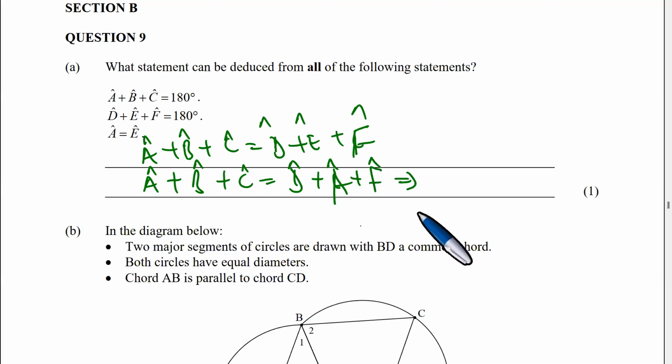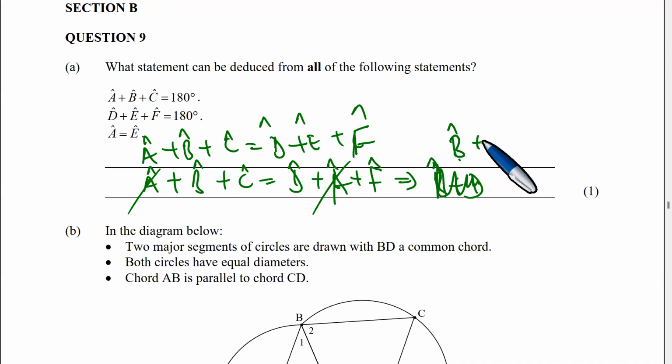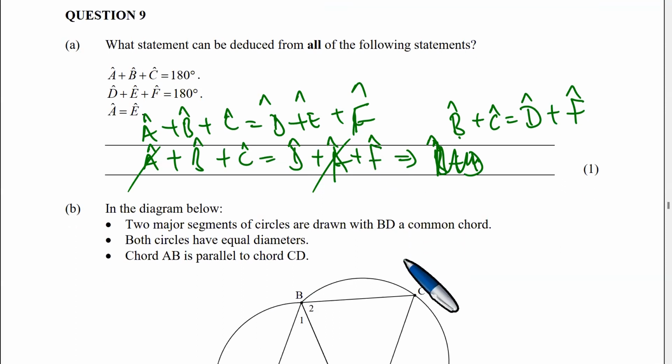So at this point A cancels A, and the deduction that we can make out of this is that B plus C is equal to D plus F. That is the deduction that can be made.